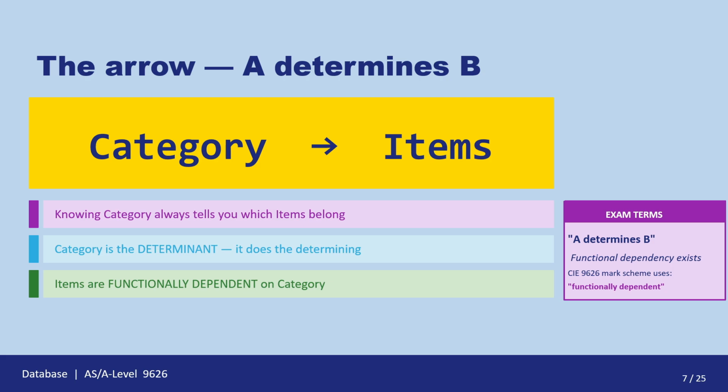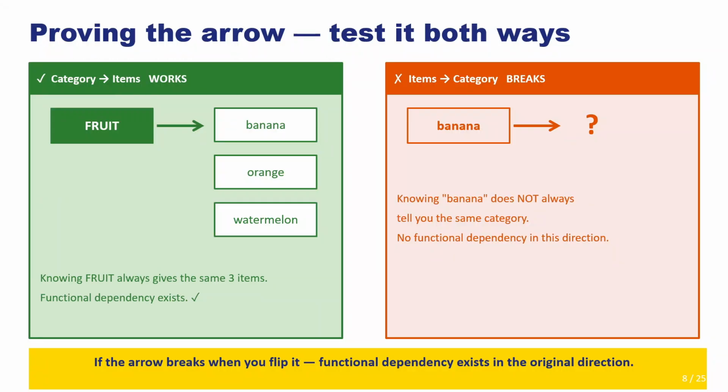All right. Now, in proving the arrow, we want to test in both directions whether one item is able to determine the other. So here, for example, if I have category, will I be able to determine the item that goes into it? And the answer is yes, so it means it works. If I have fruit, banana, orange, obviously fall under the name fruit.